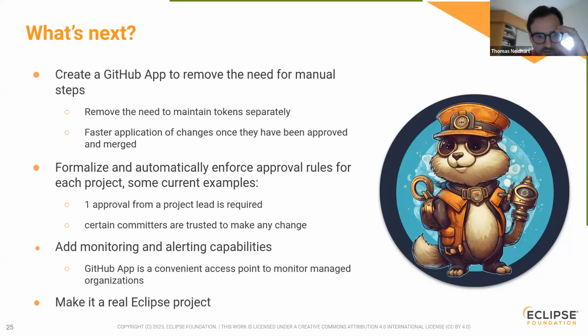Another thing that is quite important for us as a security team, we would like to have better monitoring and alerting capabilities if some things in organizations are set in a way that is maybe not security best practice, or we would like to improve on a foundation level. So all our projects should have this.